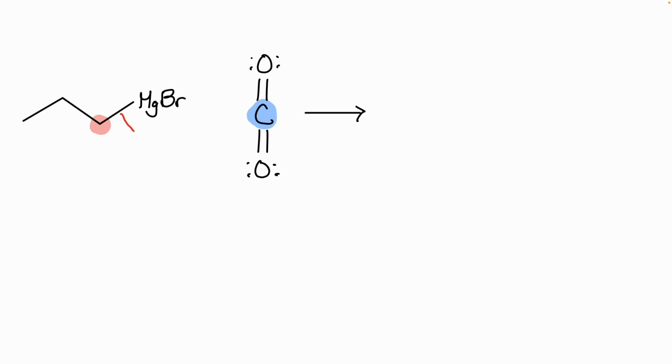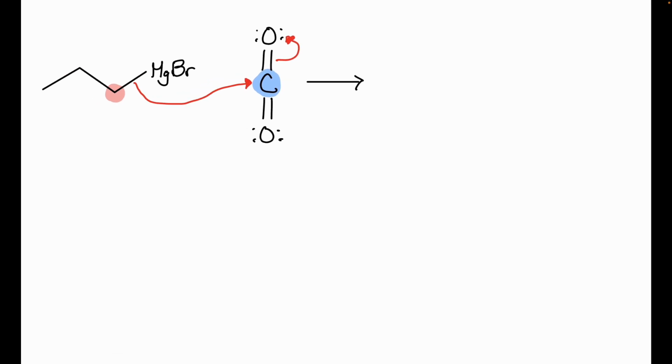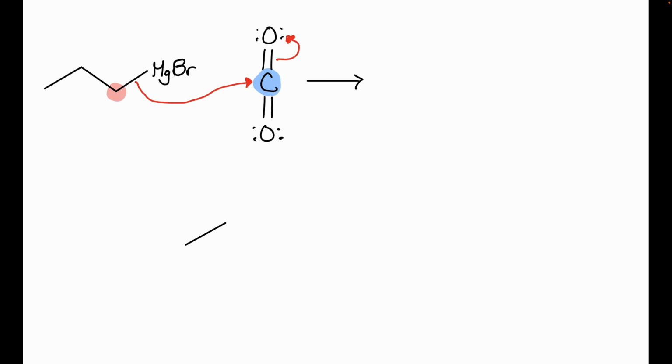Alright, so I need to start my arrow at a pair of electrons and end it at that electrophilic carbon. I can't stop there. Carbon's going to have too many bonds, so we're going to need to break one of those carbon-oxygen pi bonds. So now I have my new carbon-carbon bond.